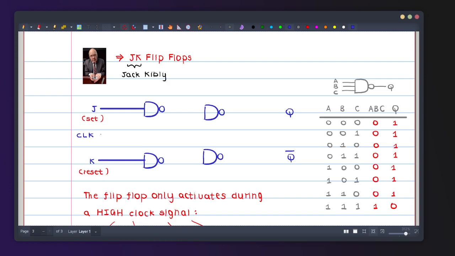Then the clock signal also goes into both the NAND gate above and the NAND gate below, so we need to split it. I'll draw one line above and another line below to the NAND gate below. To denote that this is a junction, I'm going to draw a small colored-in circle to say that the wires are splitting.